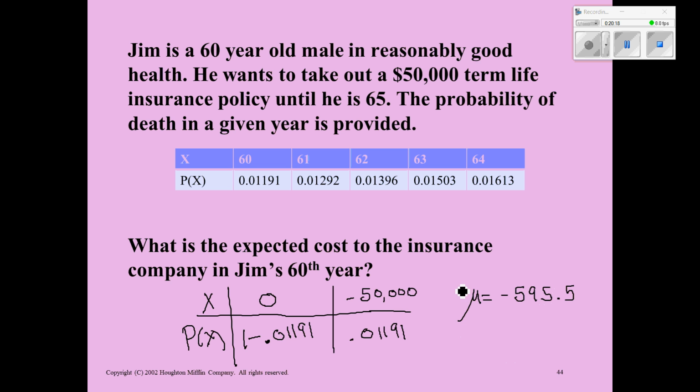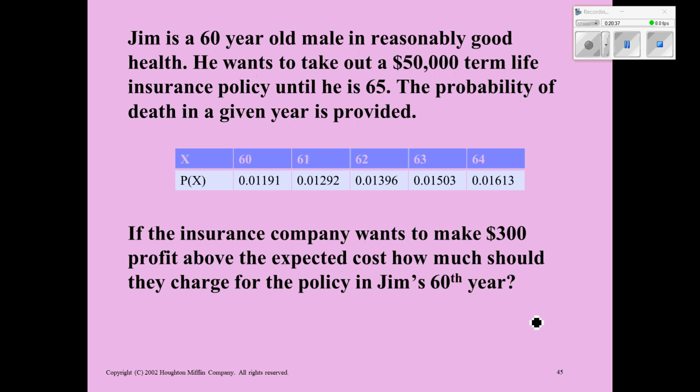That means on average, an insurance company is going to lose $600 a year for every person with that policy. Some will live, some will die, more will live, but on average, you could expect to pay out about $600. So if you're the insurance company and you want to make $300, how much should you charge Jim for this policy?